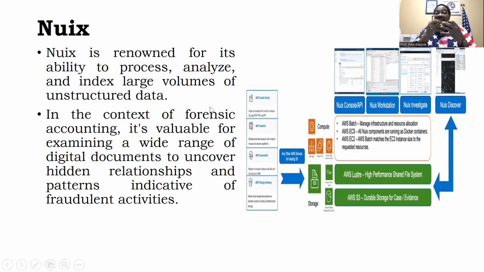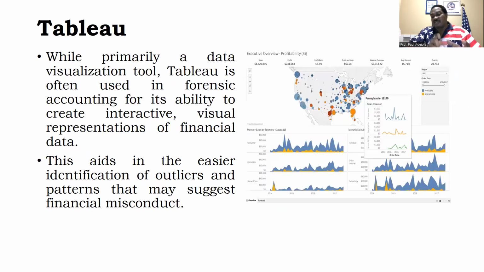In the context of forensic accounting, NICS is valuable for examining a wide range of digital documents to uncover hidden relationships and patterns indicative of fraudulent activities. That is, it will even study the relationship among or between the data to see likely fraudulent activities.